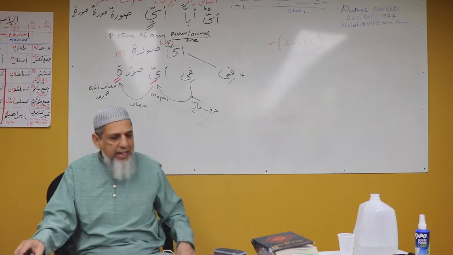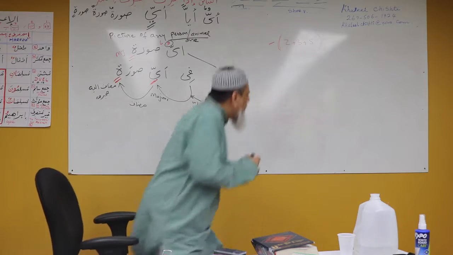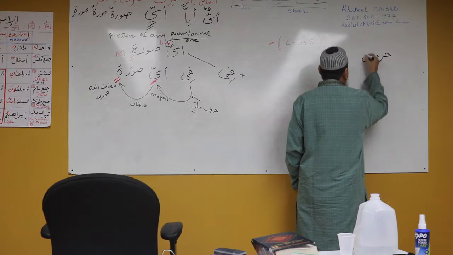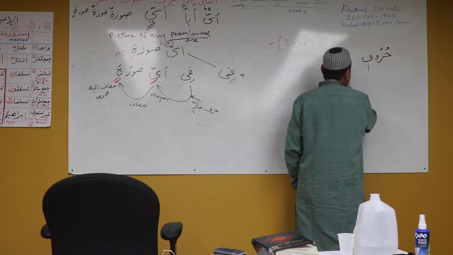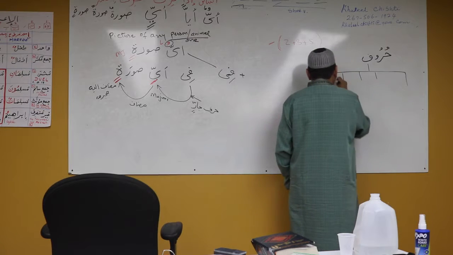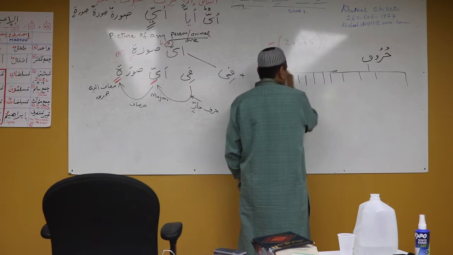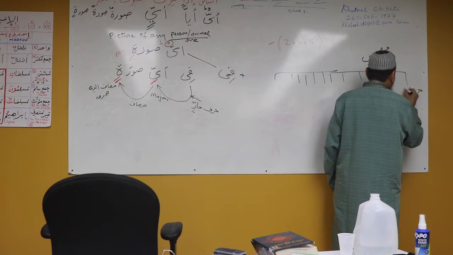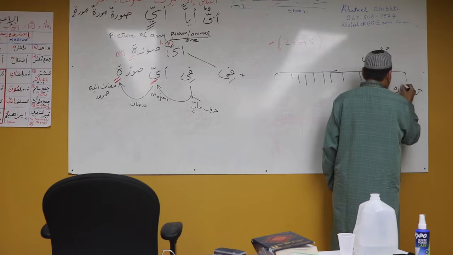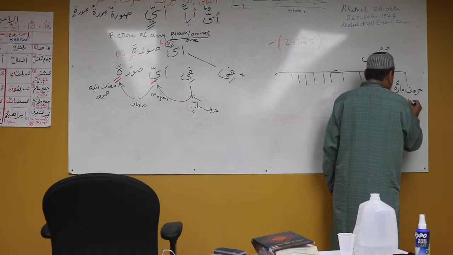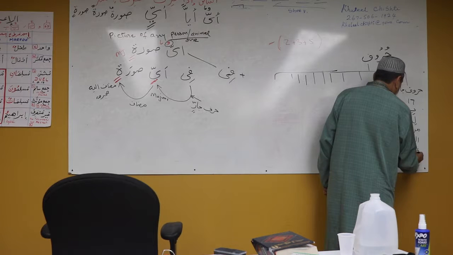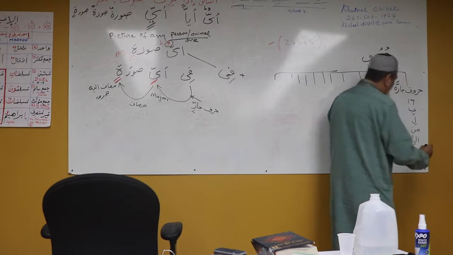You see, huruf are of different kinds: 1, 2, 3, 4, 5, 6, 7, 8, 9, 10, many. Out of which huruf jarra, they are 17. Bi, li, min, ila, an, ala, and so on.